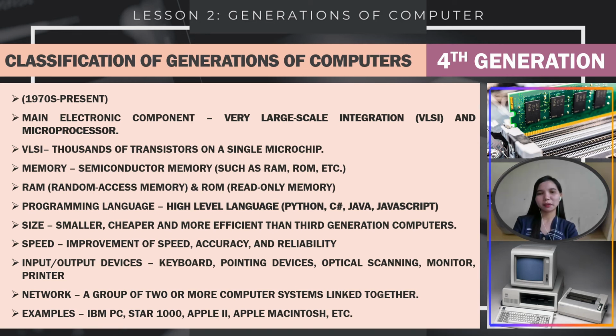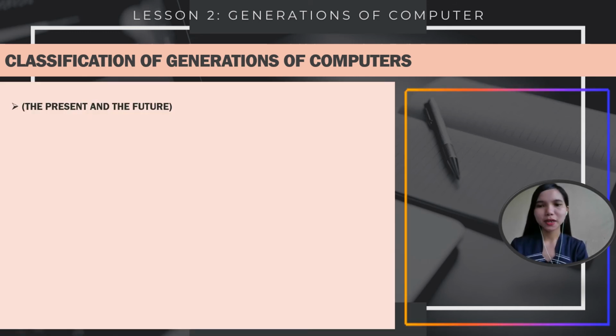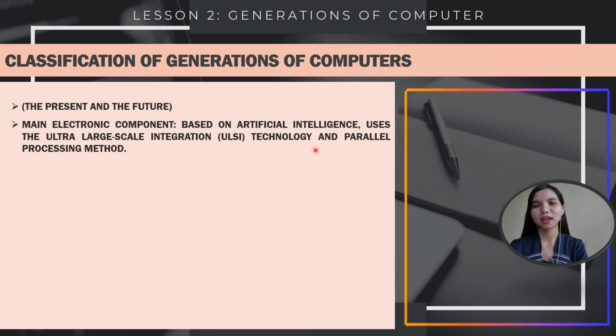Apple Macintosh. So let's have the last generation of computers, the present and the future. The main electronic component is AI, guys. It uses ultra large scale integration technology and parallel processing.